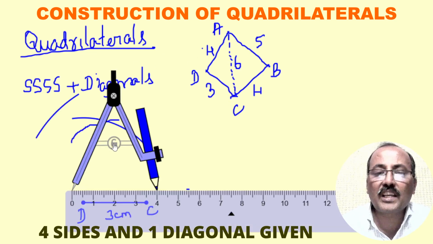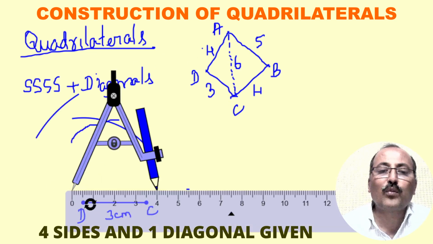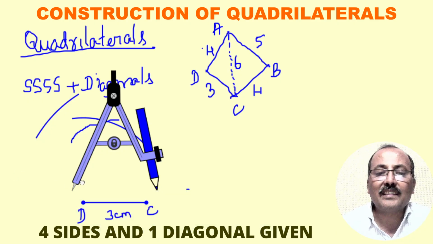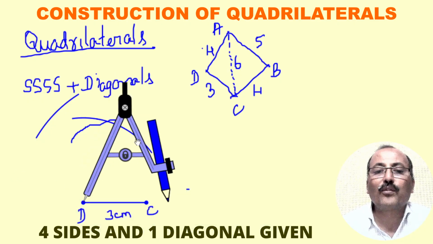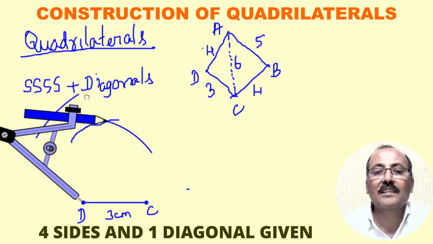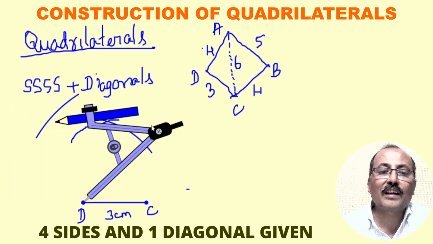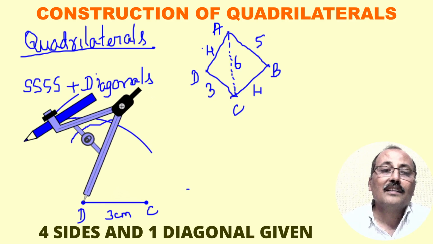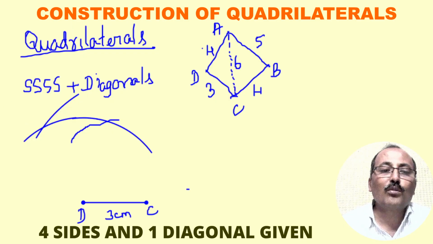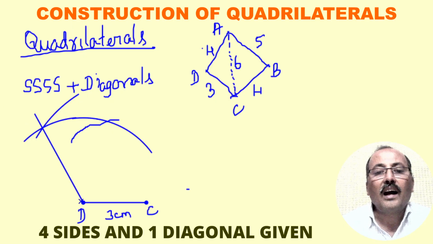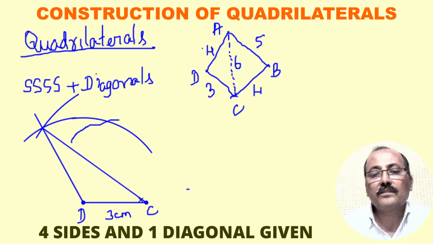Then 4 centimeter again: with D as center, I have to draw that 4 centimeter arc. Yes, it is coming correct. From here I have to continue and cut. Yes, it is coming there somewhere. Now take the ruler and join this one and also this point.